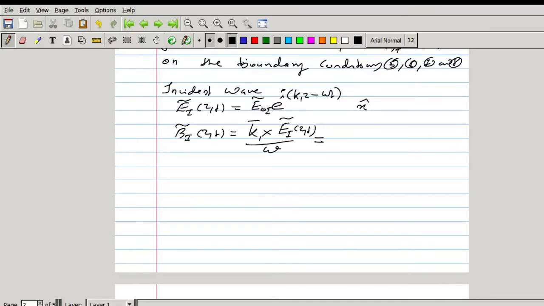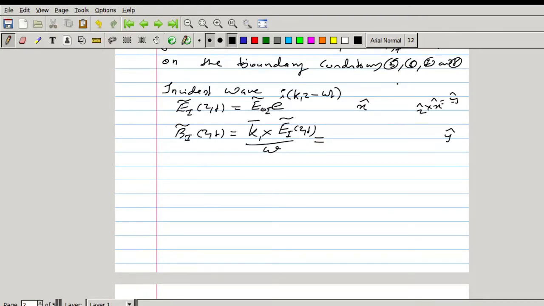So here we can write the magnetic field as K cross E. K is along the z direction and E is along the x direction. So z cross x will be y cap, so this will be along the y direction.